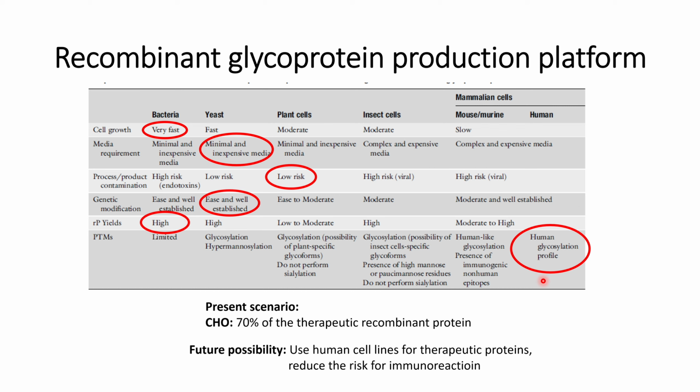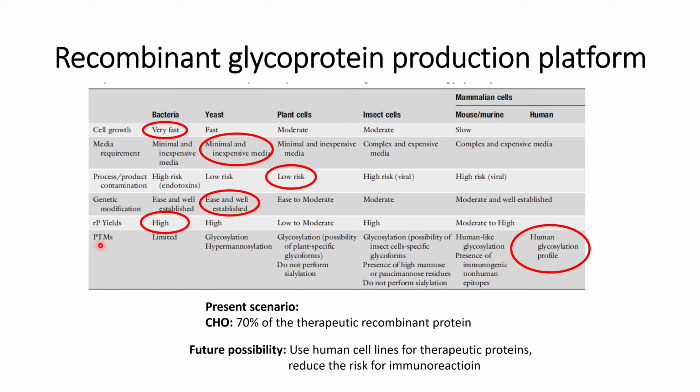So in order to get that glycosylation profile, we need to have a better understanding of post-translation modification. We know from the literature that N-Glycosylation is one of the major post-translation modifications, or we can say 50% of the post-translation modifications occur as N-Glycosylation.